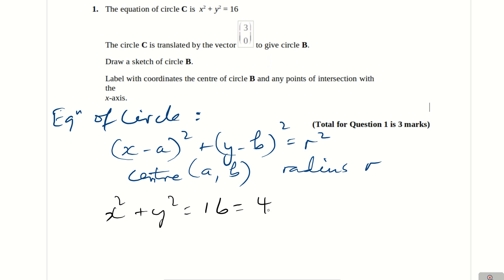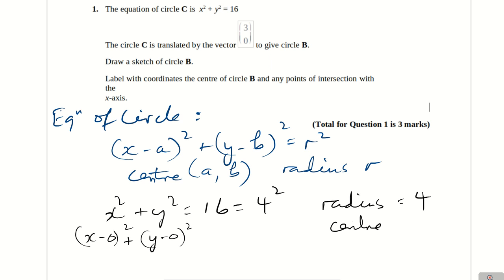Now 16 is 4 squared, of course, so we can say straight away that the radius of our circle is going to be 4. X is the same as x minus 0, and y is the same as y minus 0. So we can also say that the centre of the circle is the point 0, 0.